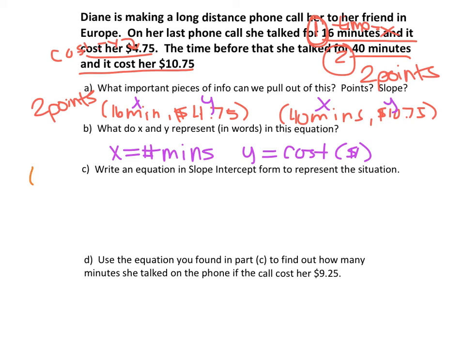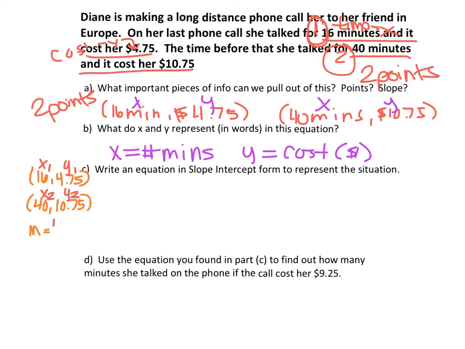So here I have 2 points. I have (16, 4.75), and I have (40, 10.75). So in order to write the equation of a line, I'm going to need my slope value. So because I only have 2 points here, I'm going to have to calculate my slope. So here I have x1, y1, x2, y2.